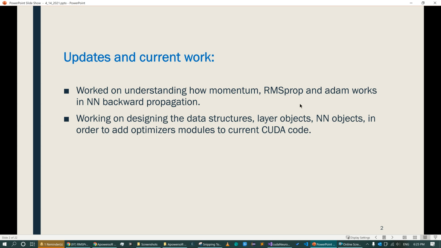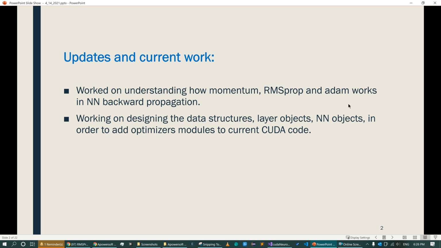I think we may need polymorphism for sure, because we're going to have object-oriented objects in our CUDA implementation, and we're trying to make different kinds of constructors available to the user, whatever the user chooses. Maybe they choose momentum, rmsprop, or Adam.